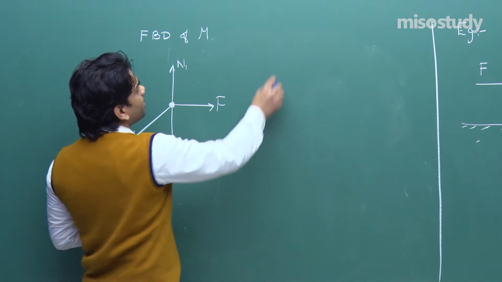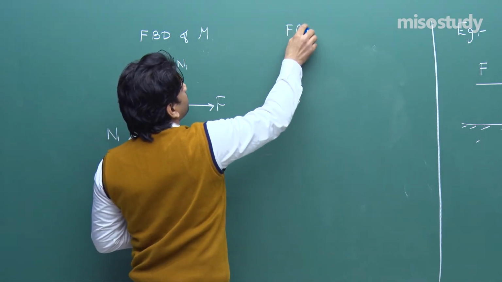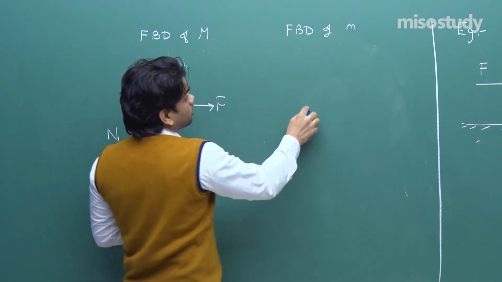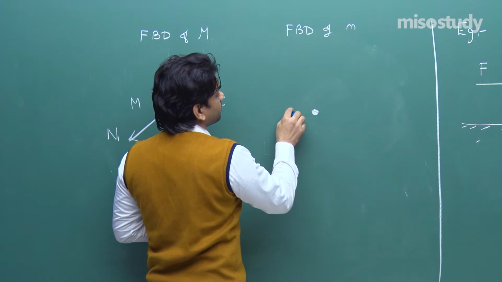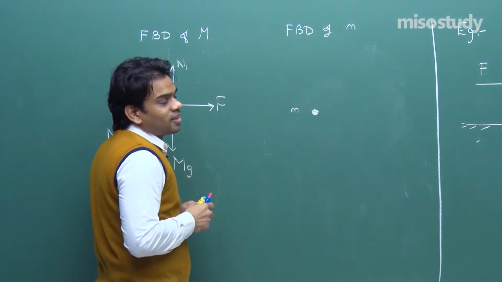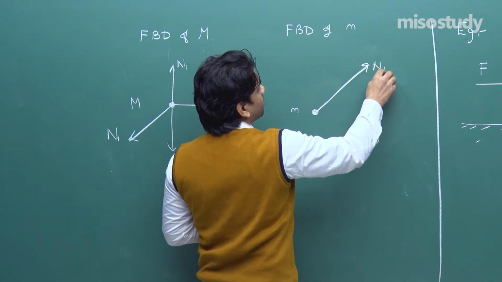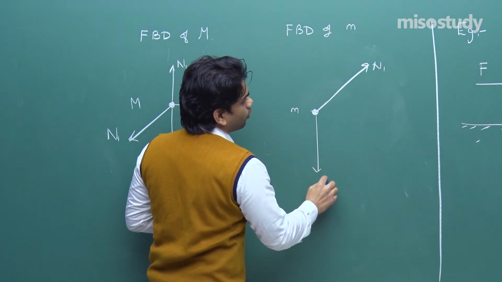Now if I take the FBD of small m, the N1 contact force will act along this direction. This is the force.